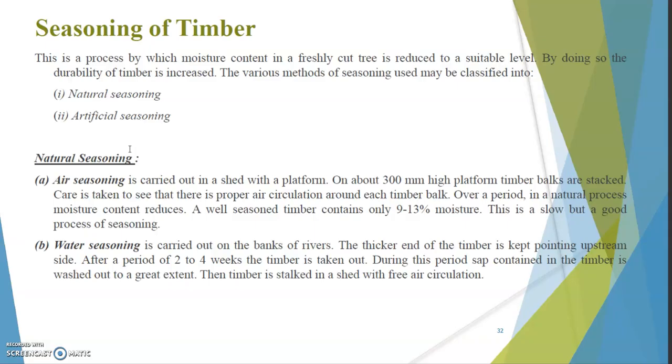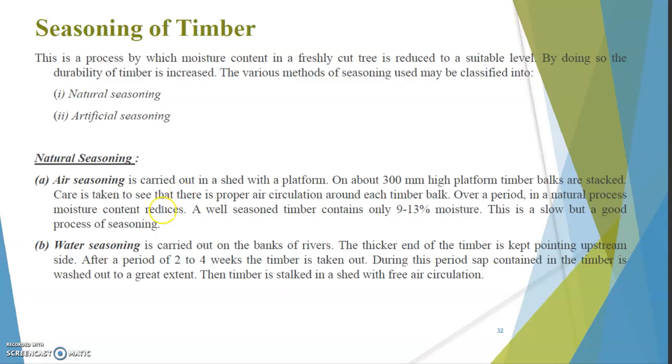Normally seasoning can be done either by natural seasoning or artificial seasoning. Natural seasoning consists of two options: using airflow or using water flow. In air seasoning, it is carried out in a shed with a platform. The shed has a platform 300 millimeter high, where timber boxes are stacked. Timber boxes means the cut pieces of timber.